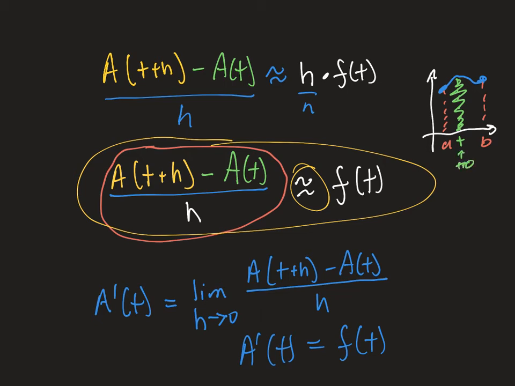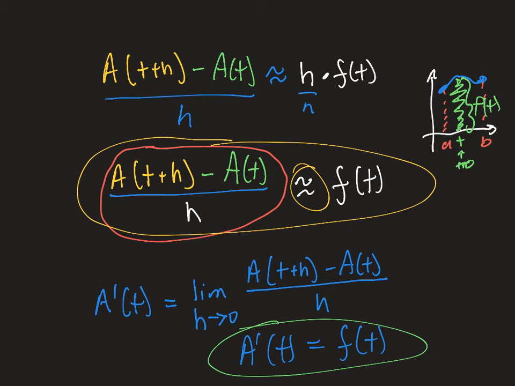And that means that we already said this was f of t. So this becomes true when h goes to 0. All right, now what that tells us is that the derivative of a is f of t. The derivative of this function a that we made up is f of t. And we have notation to describe that.